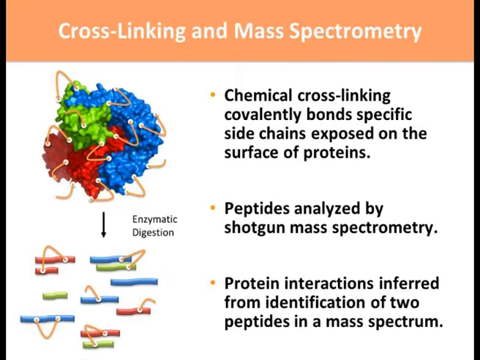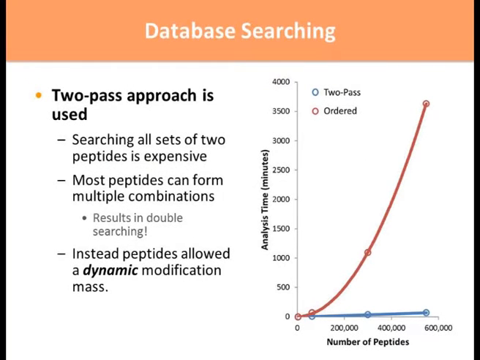And the issue here is that if you try and do this with very large sets of proteins, you have such a computational problem that it almost becomes impossible. And that's what's shown here, that if you're doing this for a large set of peptides, the more peptides you have that are cross-linked, the computational time just really starts to skyrocket. It's an exponential problem. And what Mike has been able to do is develop a two-pass process with a program he now calls Kojak.